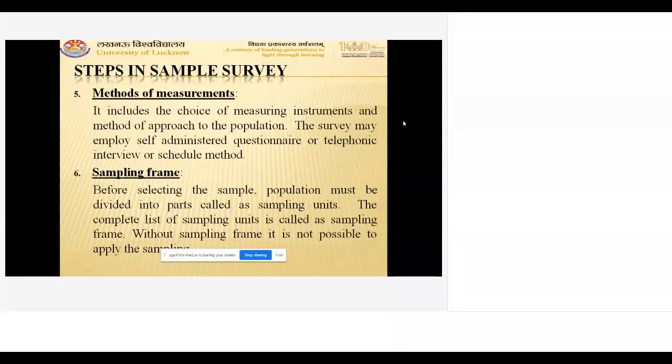Whereas the second method is called the questionnaire method, in which we construct a questionnaire and mail it to the respondent. We can send it by email or by post or any other method to the respondents and wait for some time for their responses.